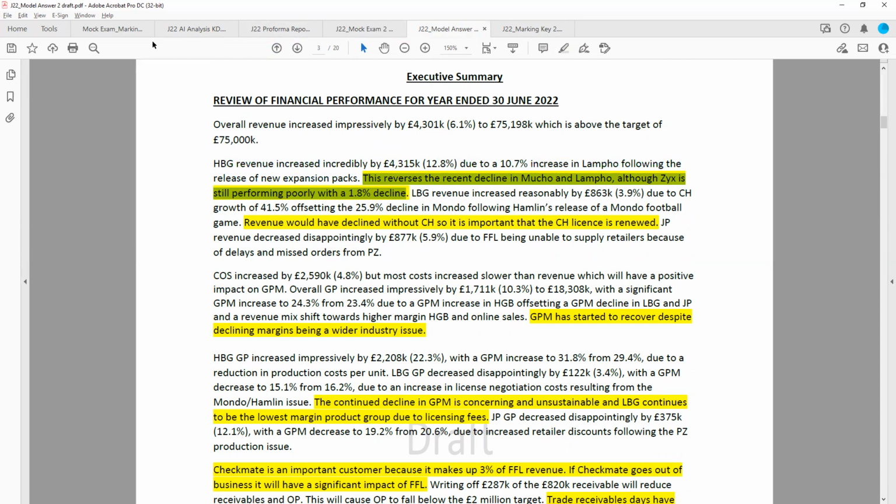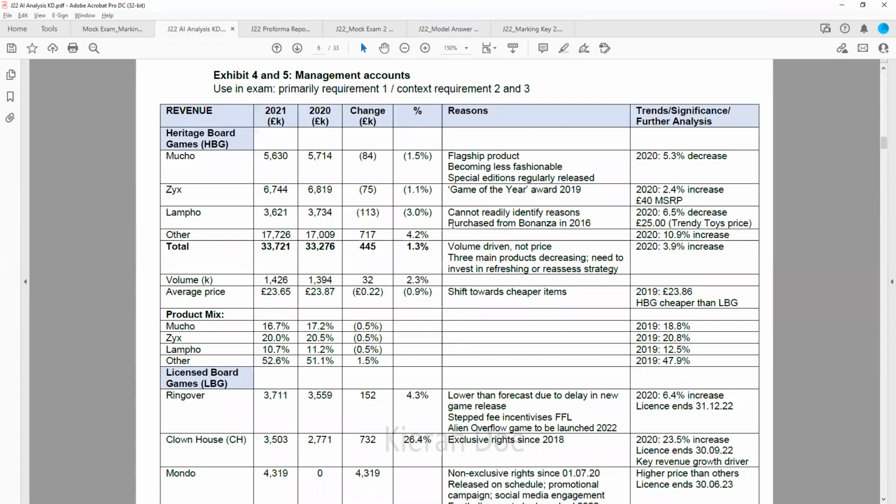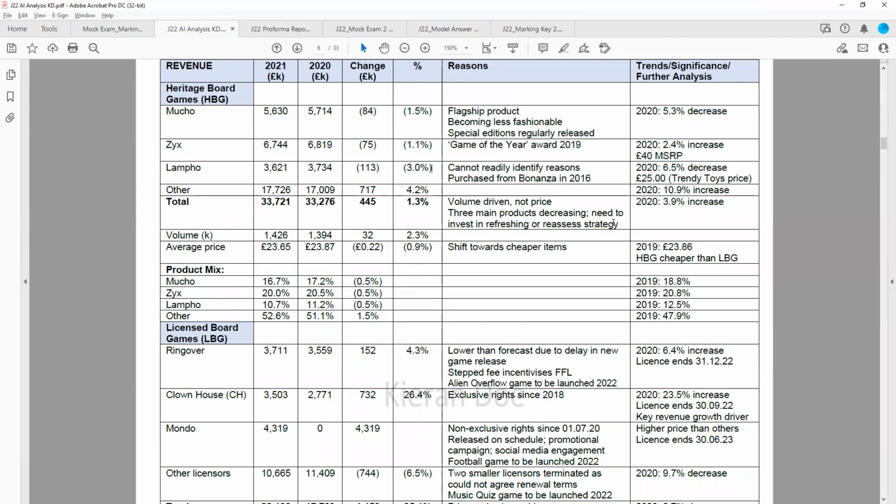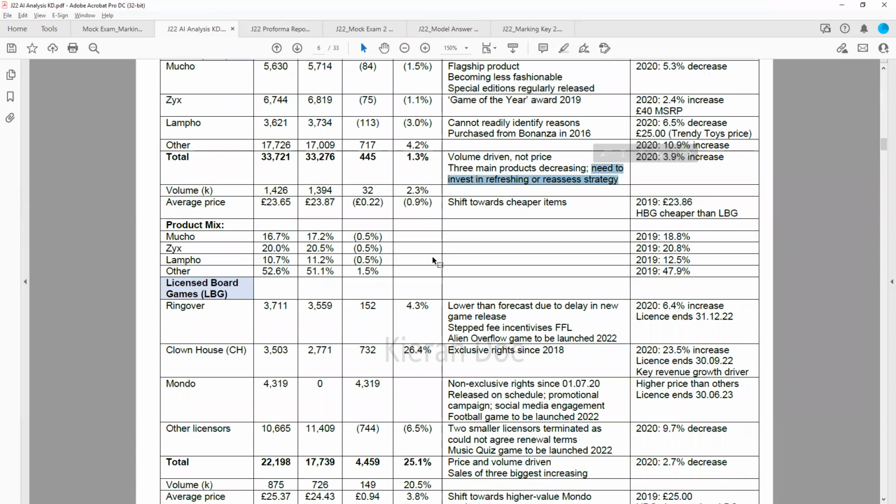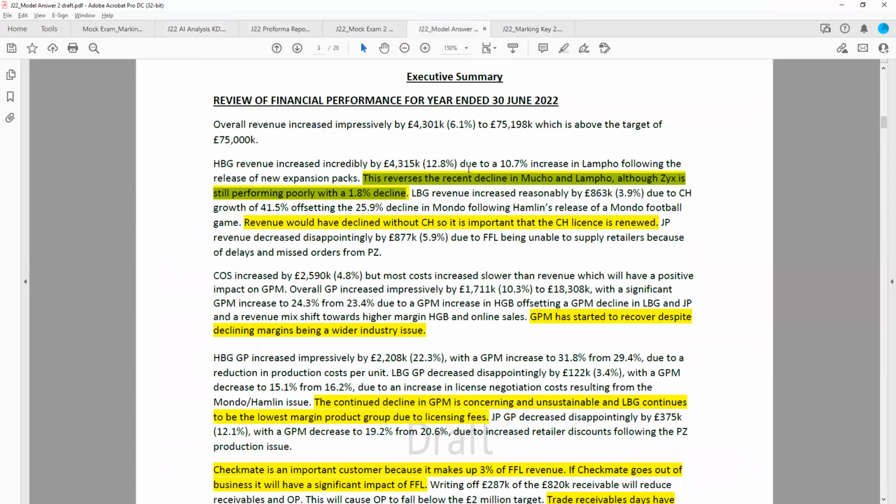The major product group was seeing a decline in revenue for its three main games, and that was quite a significant issue facing the business, and they were going to do something to address that. And therefore, I think that's something that should be brought to the attention of the directors.